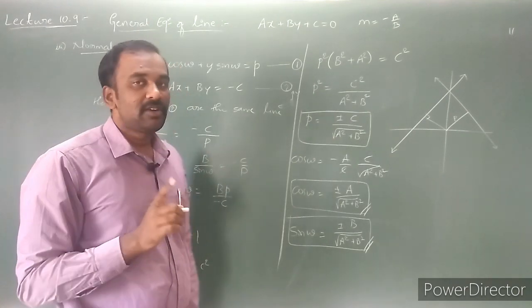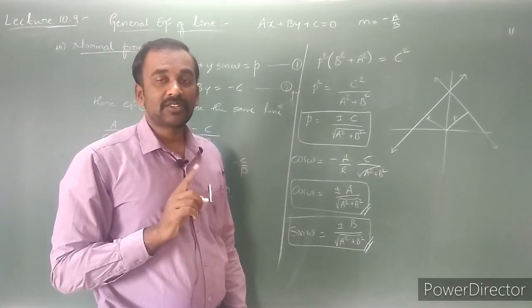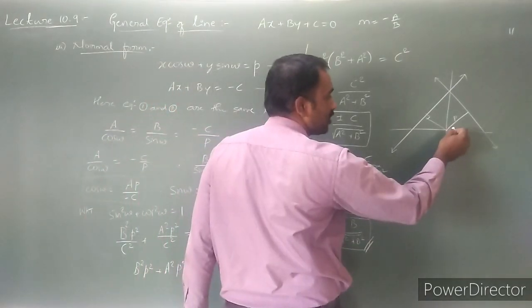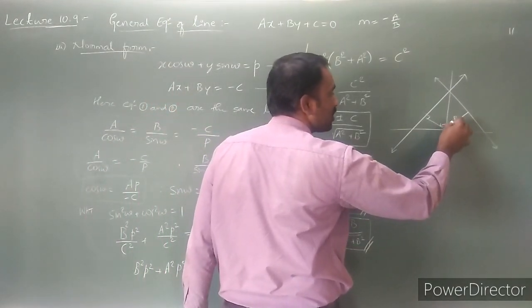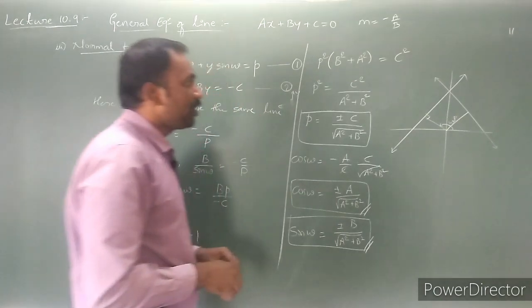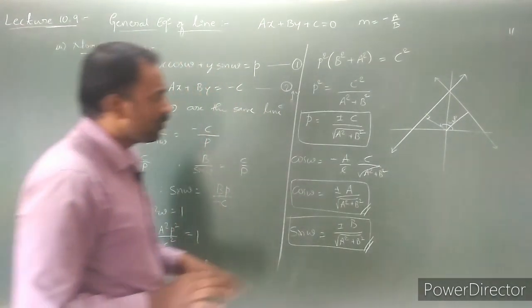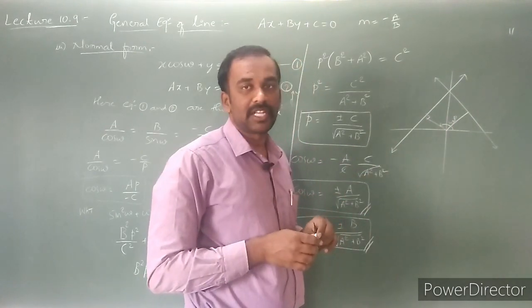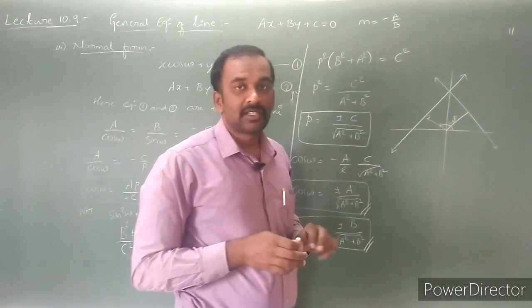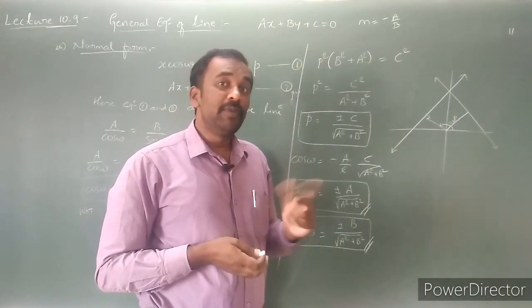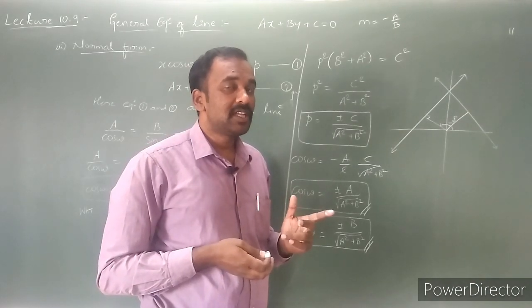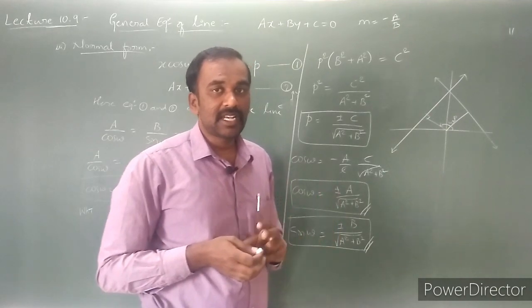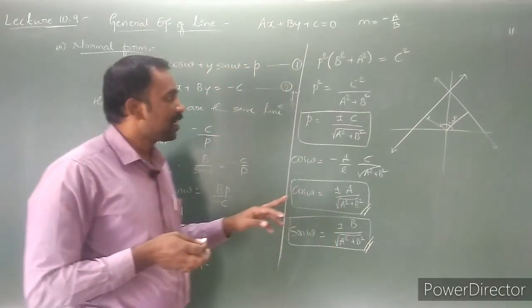Now, it is not a question of only the perpendicular distance. It is a question of omega. What is omega? Angle. This is the omega. Now I just take this as the omega. First orientation, you can leave it. Second orientation is just taken: omega is more than 90 degrees, which means the angle lies in the second quadrant.